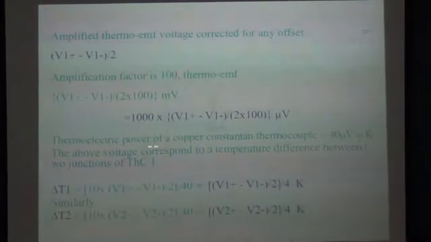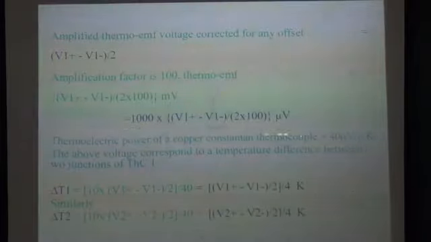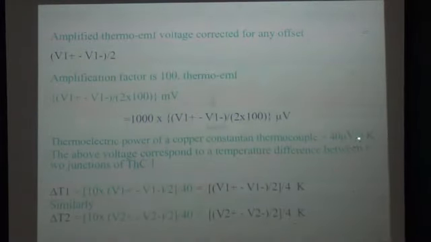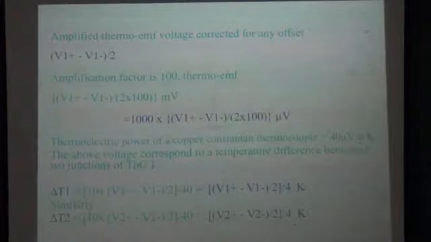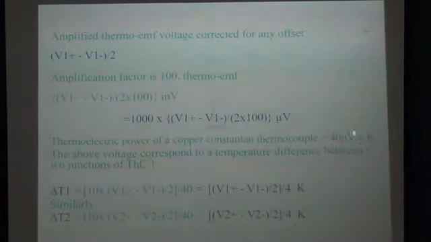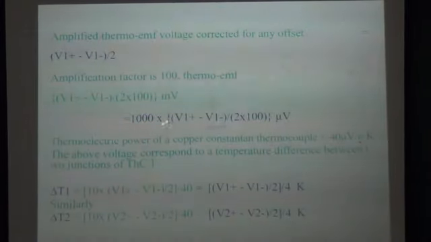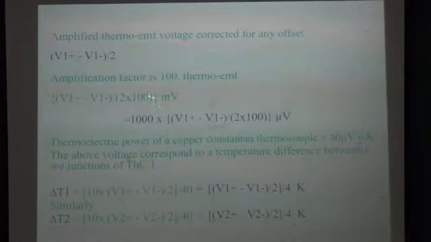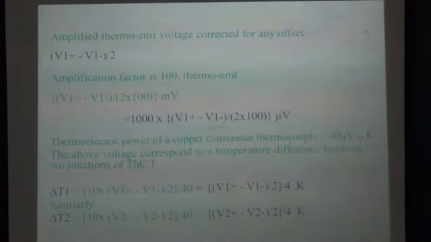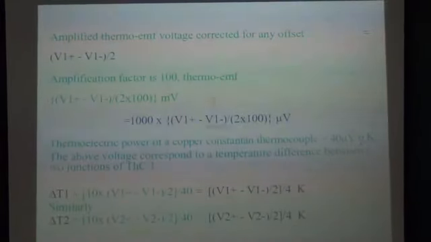The thermoelectric power of the copper constantan thermocouple is 40 microvolt per degree Kelvin. It means that if you change the temperature by 1 degree Kelvin, the change in voltage will be 40 microvolt. So here we have basically the voltage difference between one copper constantan thermocouple on one side and another copper constantan thermocouple on the other side.